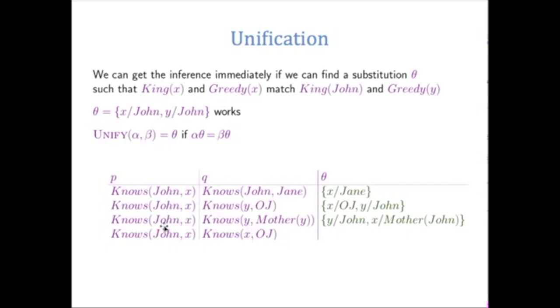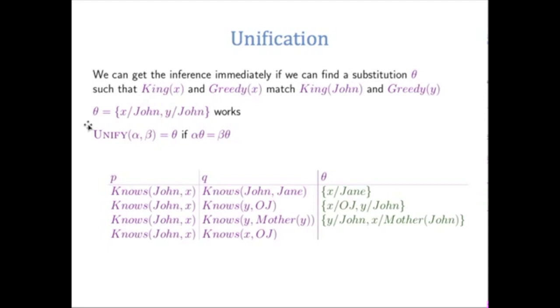But that's not so bad, right? Because y has been bound to John. So our substitution theta is we bind y to John, and we bind x to MotherOf(John) because MotherOf(y) is going to be MotherOf(John).